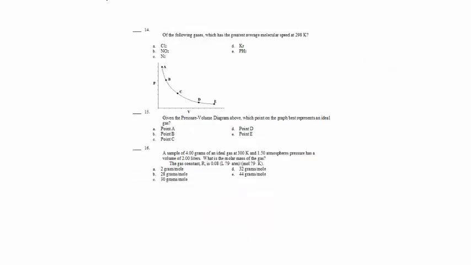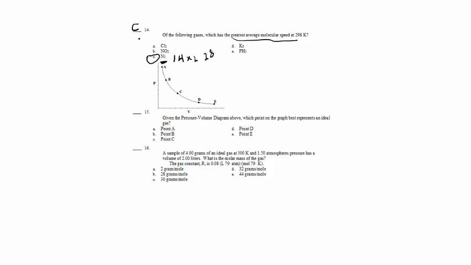Number 14, the following gases has the greatest average molecular speed. Now that's related to the molar mass. So of these 6 molecules, which has the lowest molar mass? Well, if you go through and calculate them all, you'll find out that nitrogen has a molar mass of 14 times 2 for 28. That's the tiniest, lightest molecule of all 5 of these.